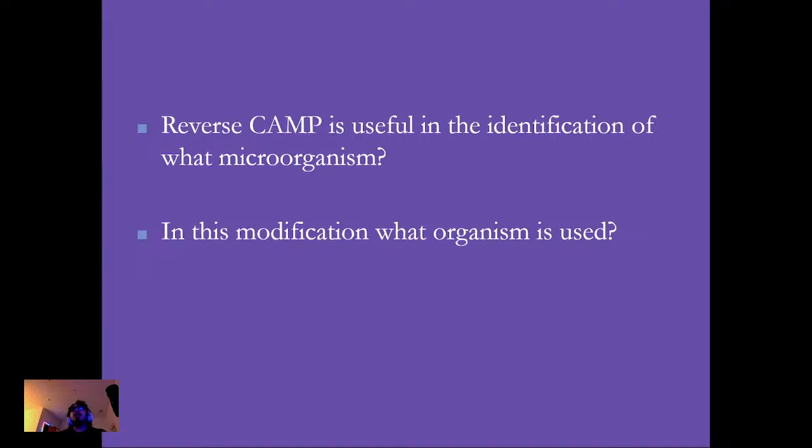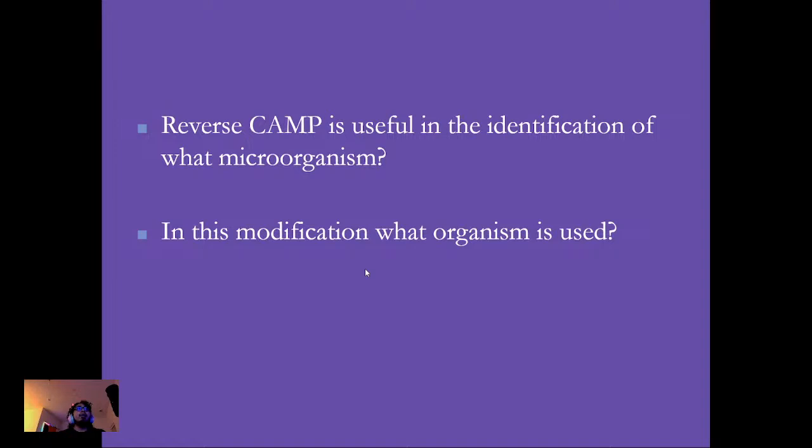Now, we're talking about a CAMP test, Christie, Atkins, Munch, and Peterson test. Okay? That's the next one. Oh, diba? Okay. And what it's used for is Streptococcus agalactiae versus Streptococcus pyogenes, right?